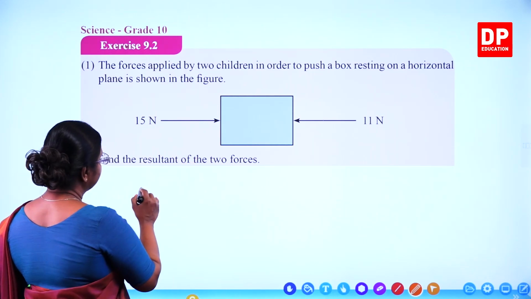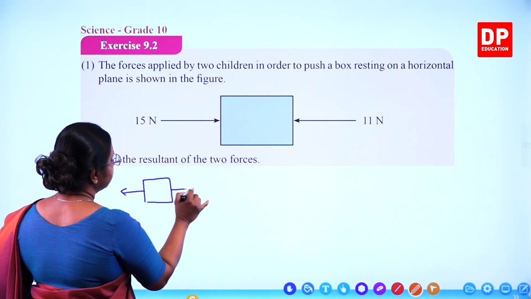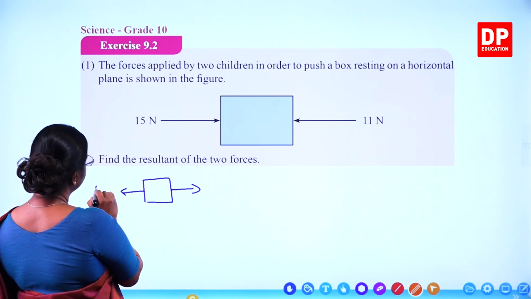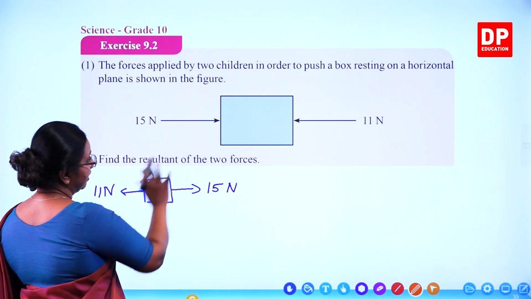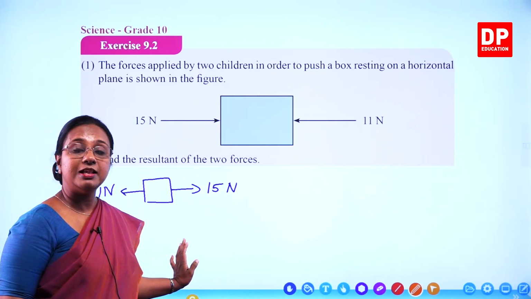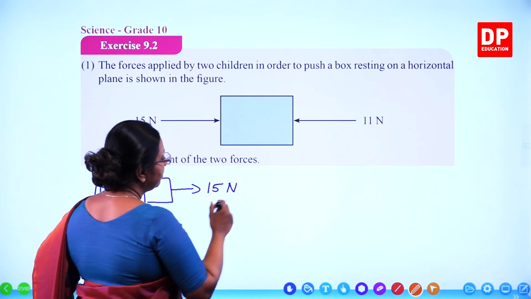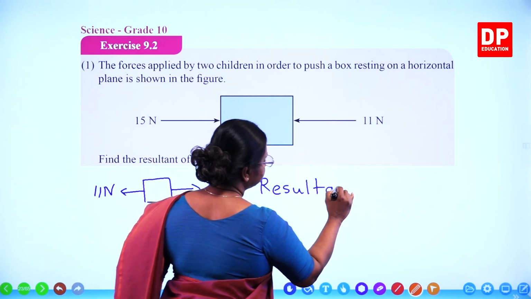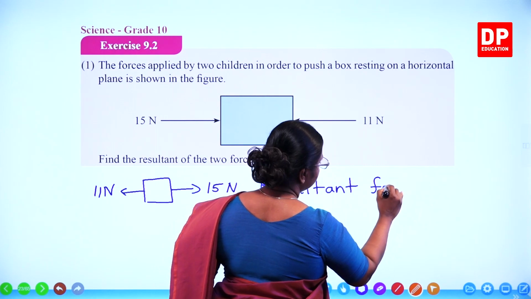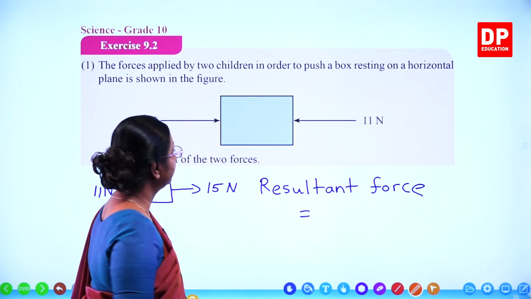So that and these are going to be similar. This is similar to having the 11 Newton this way and 15 Newton that way. Can you all understand the similarity? I am sure you all can understand that. So if we find the resultant force, it equals the difference between the two forces.